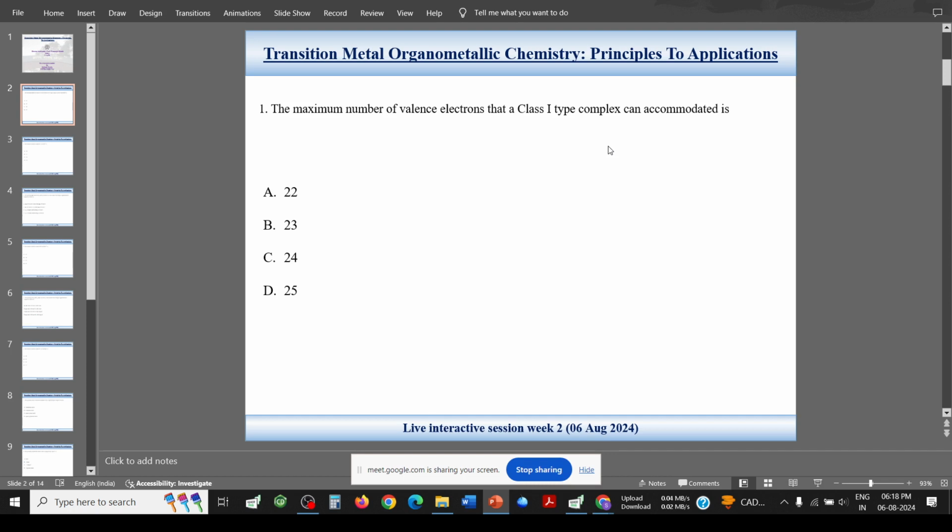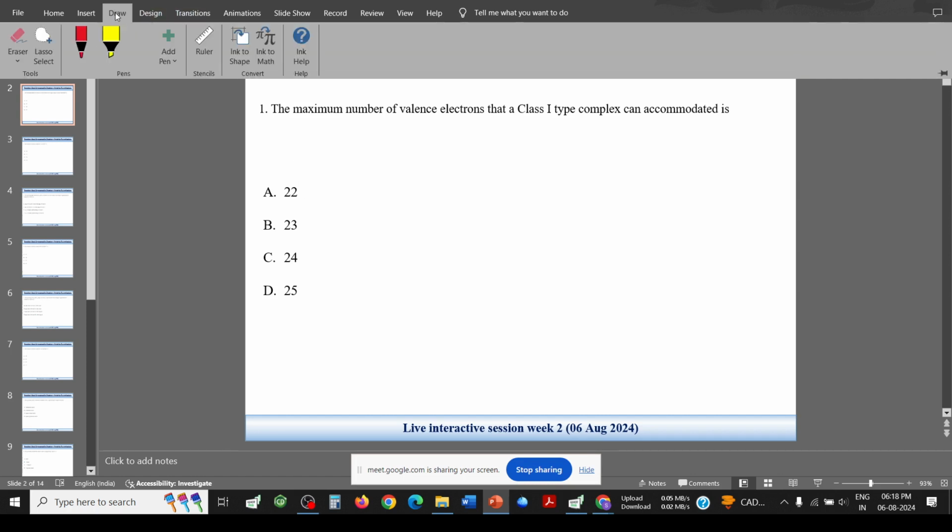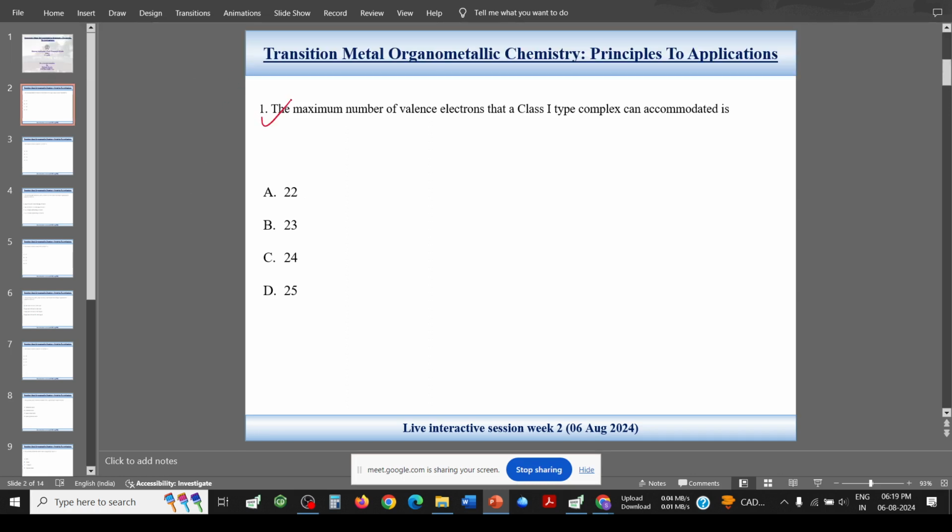And what can be the lowest number of valence electrons for these class 1 complexes? The maximum is 22, yes, the correct answer. But what can be the lowest? For 6 orbitals, it will be 12. Yes, it will be 12.